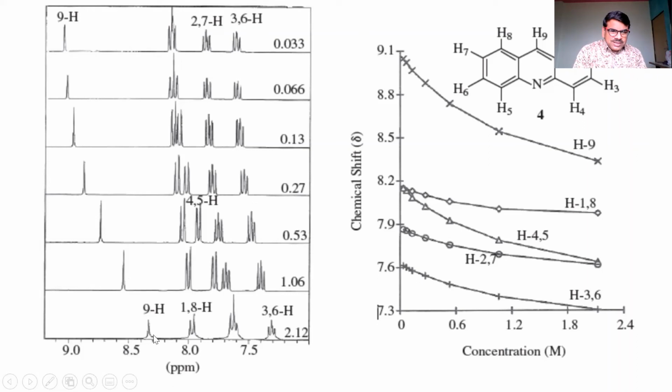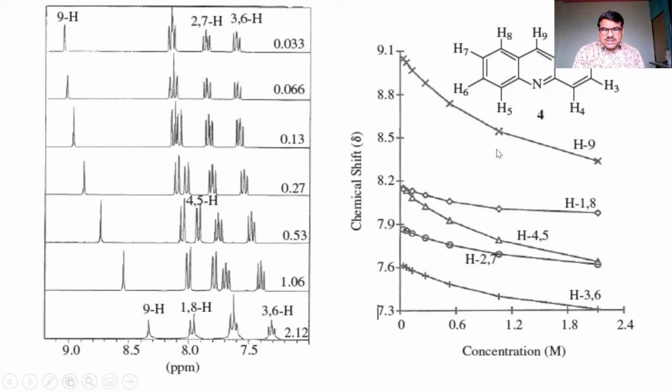Initially it was 8.4, but when we use different concentration, look at this, it is at the downfield region, and that value increases when the solution is 0.033 ppm. Or you can see here the concentration in moles, the molar concentration.